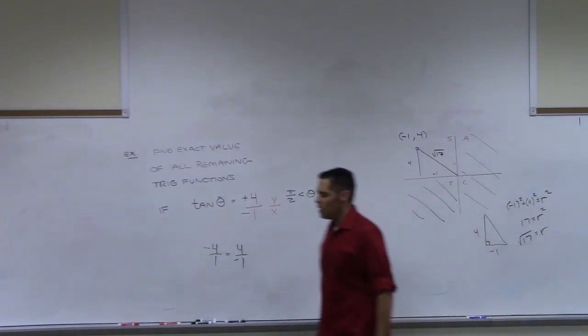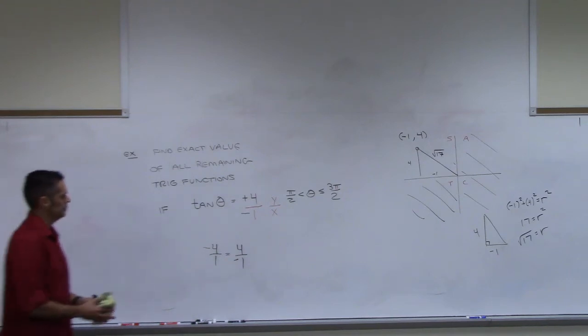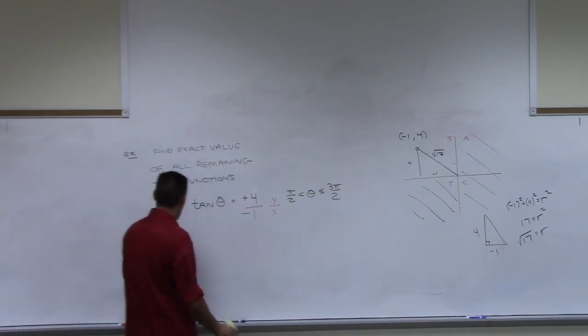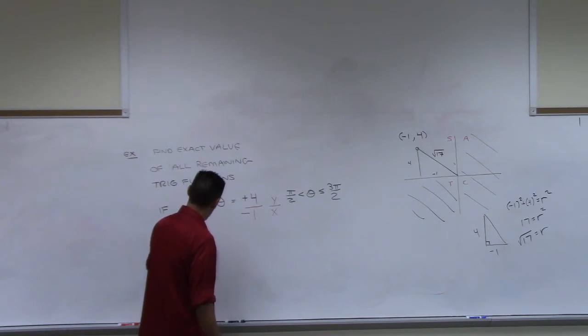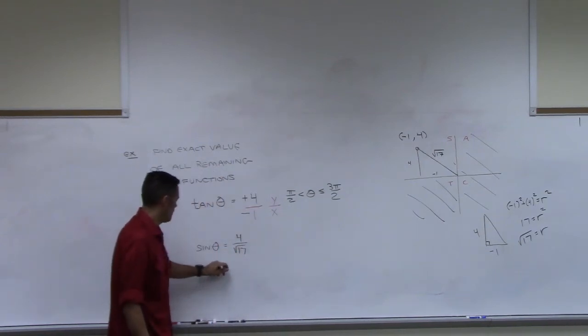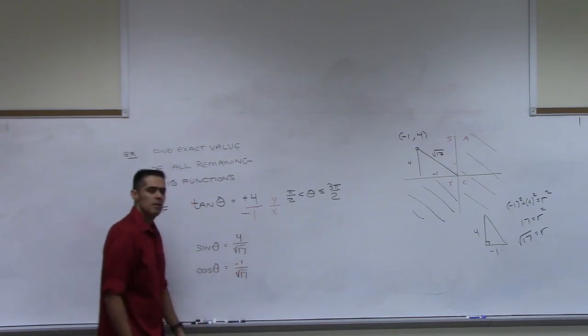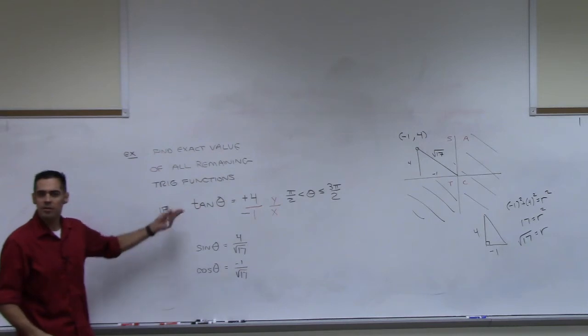And we're ready to write all the other trig functions. So what is sine of theta? Yep, it's y, which is 4, over the radius, which is root 17. What is cosine of theta? Negative 1 over root 17. And then the other 3, you just flip those over.